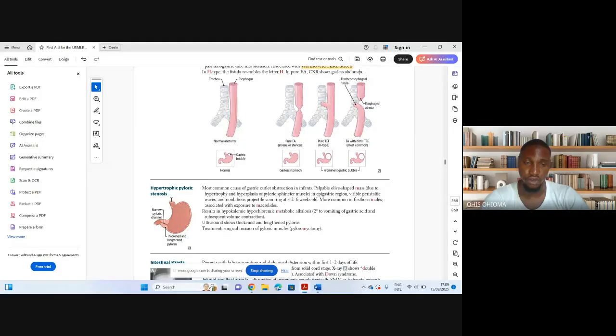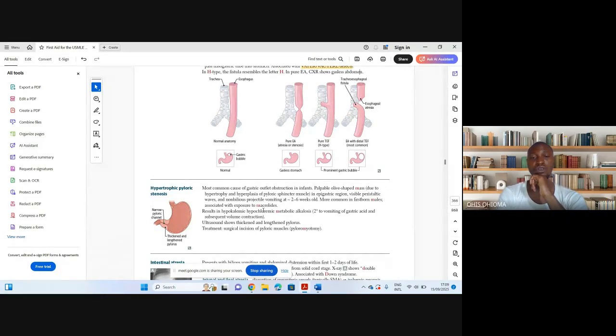And that's why you have the non-bilious vomiting. It's usually very projectile because the pressure coming from the walls of the stomach is trying to overcome this pyloric stenosis, and the content goes with so much force, and so the baby has projectile vomiting.